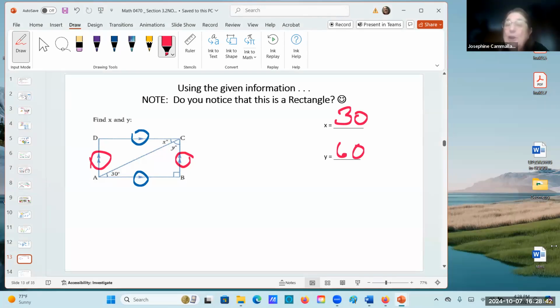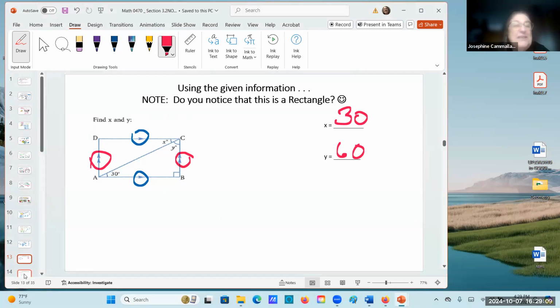I am looking at only those two triangles, the two big ones. Now, do I have to have isosceles in them? No. Can I? Yes. But in this case, I only have the 30 and the 60. Okay.